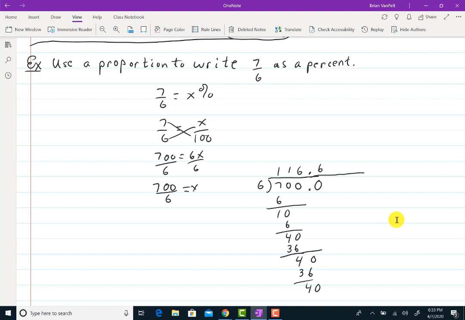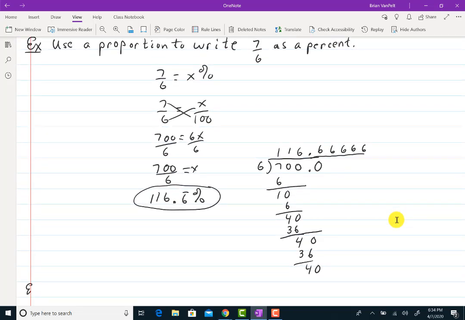I can see where this is going. I'm going to get 6's off forever. So, actually, you know what? Nah, what the heck? 116.6 bar percent. I was going to do a mixed number, but when I saw that I went to a decimal, I just ran with it, so we'll leave it like that.